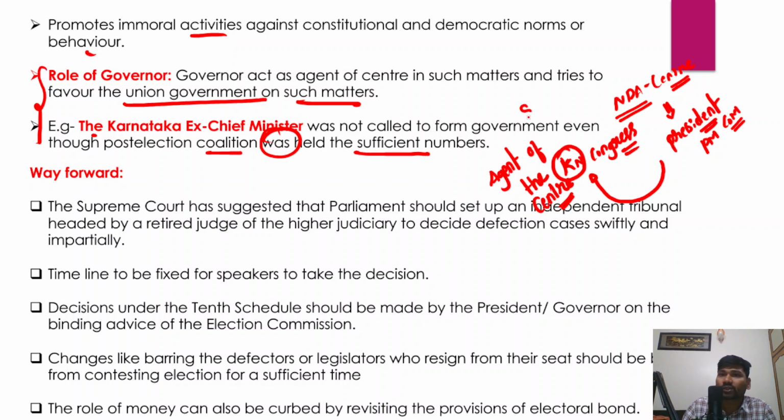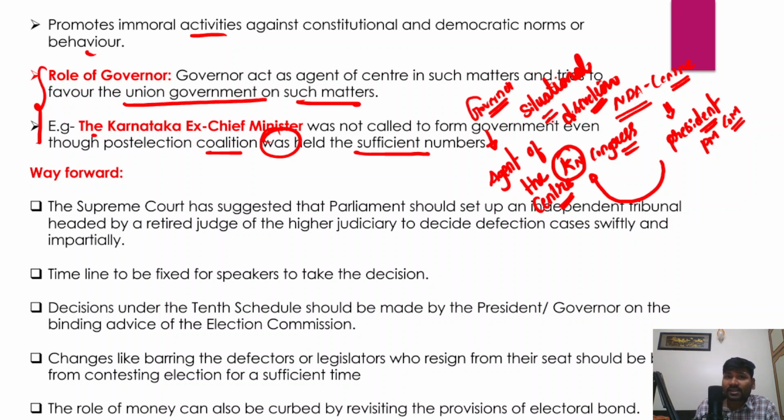For example, state legislative assembly elections took place, and no party gets the clear majority, then it is up to the governor to ask the large political party with large numerical strength to form the government. So this is what is called the situational discretion enjoyed by the governor.